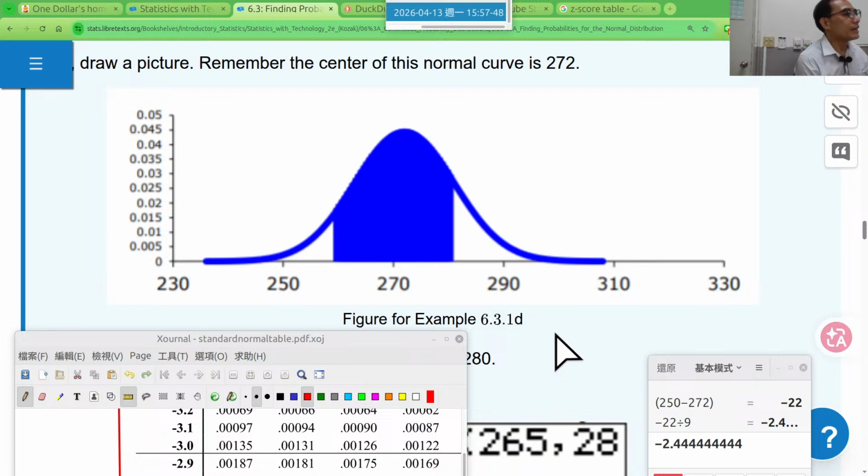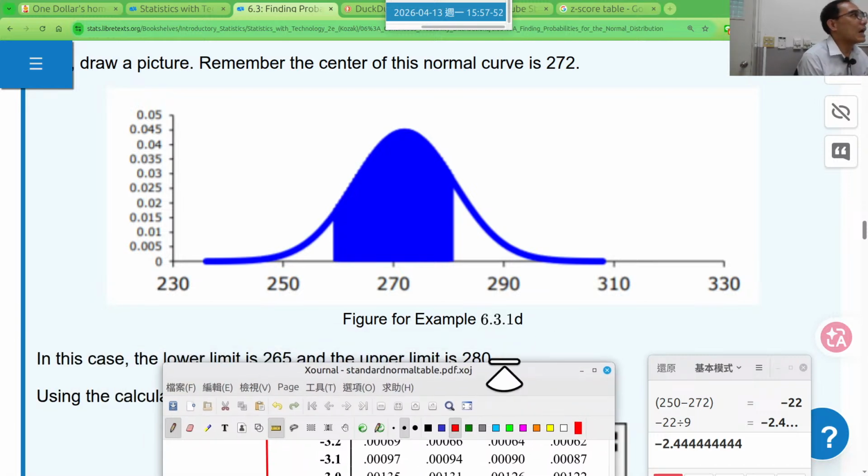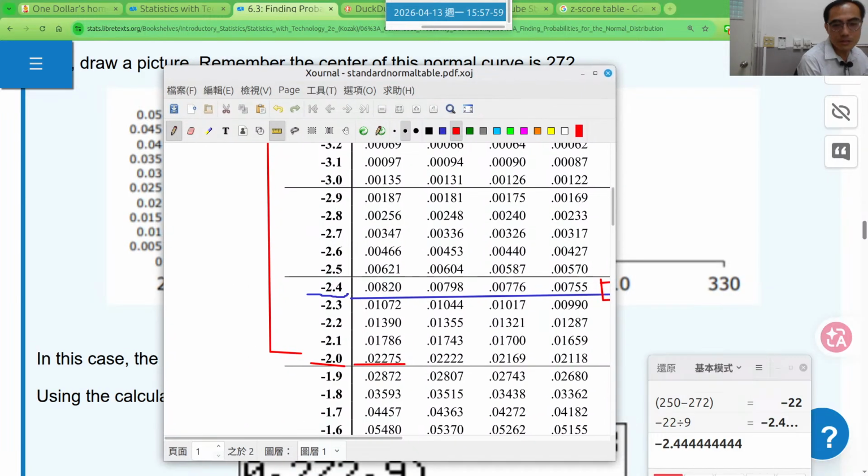Okay, let me explain this one. We have two locations. First one, 280. The second one, 265.